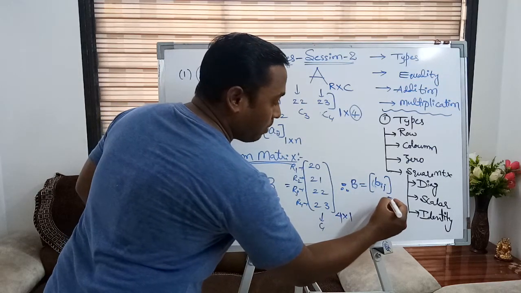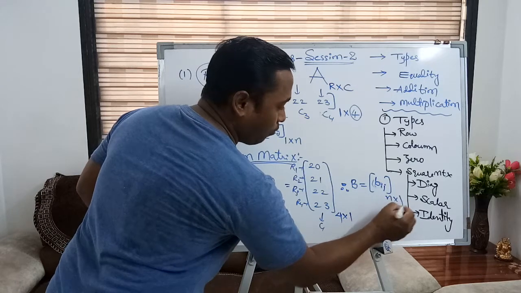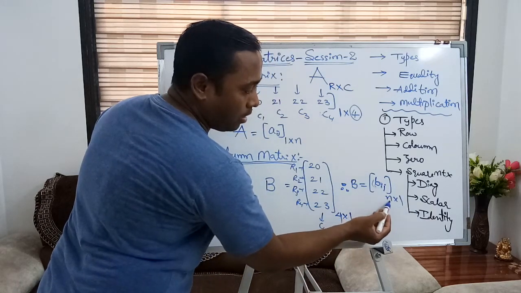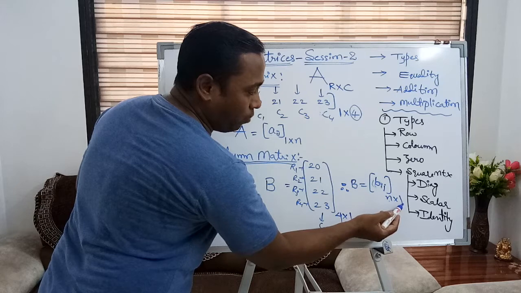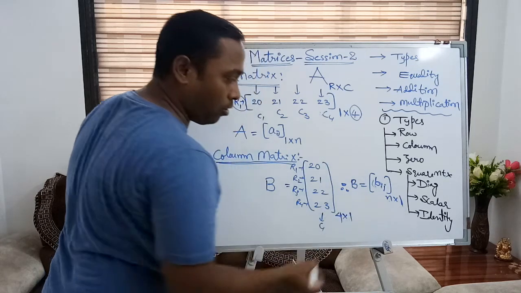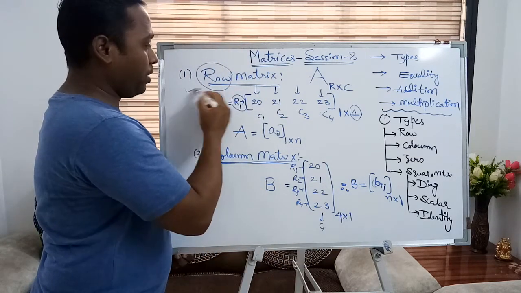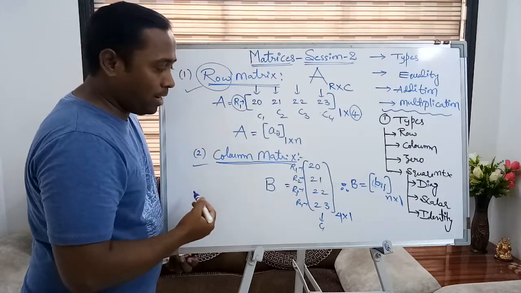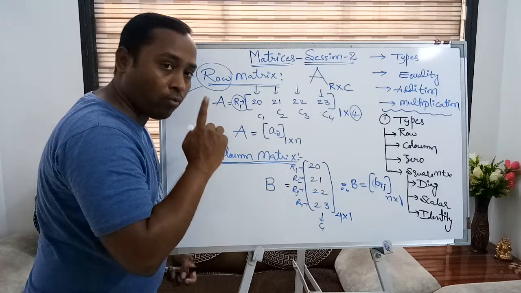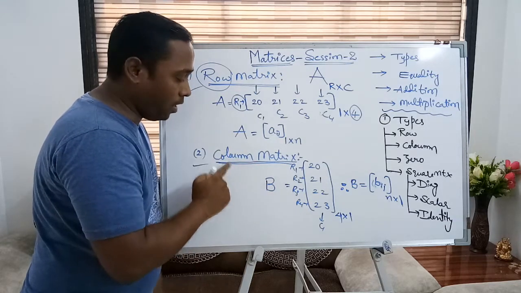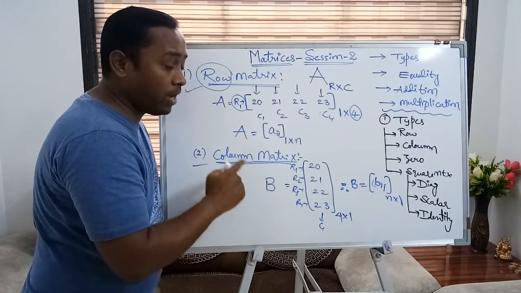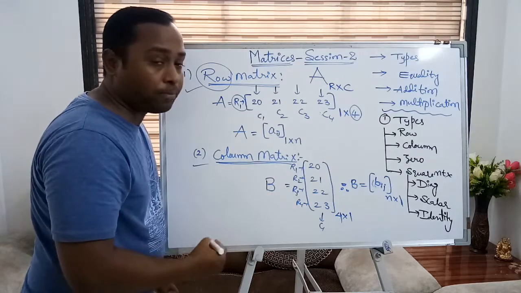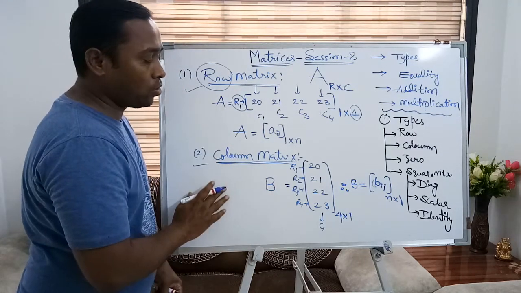The order of this matrix is n by 1. What is n by 1 here? N rows but one and only one column. So it's so simple. A row matrix means a matrix which has only one row. A column matrix means a matrix which has only one column. When we say one column, we are not specifying the number of rows. It may be any number. So this is a row matrix and this is a column matrix.